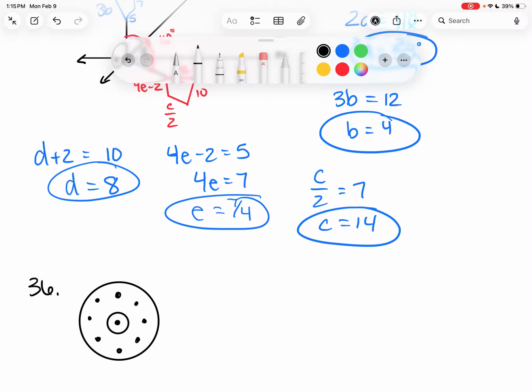So I know this has rotational symmetry, so how can I rotate it so that it maps onto itself? It looks like any degree. Any degree that goes until it's 90, so like 45, 90, whatever's next, 180.